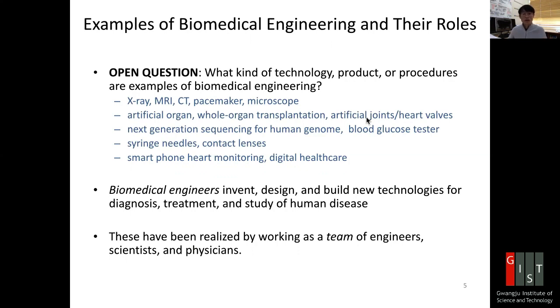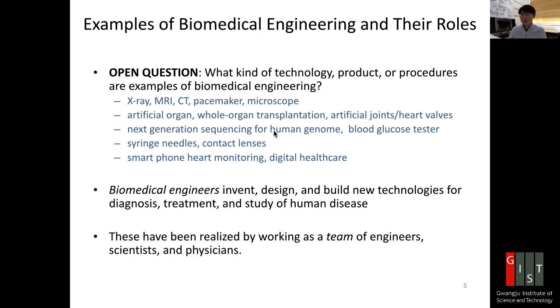Or even more complicated, whole organ transplantation requires a lot of technologies. Another example is the human genome project, for which next generation sequencing machines were developed. Or for those who have diabetes in their families, one can usually see a blood glucose tester.